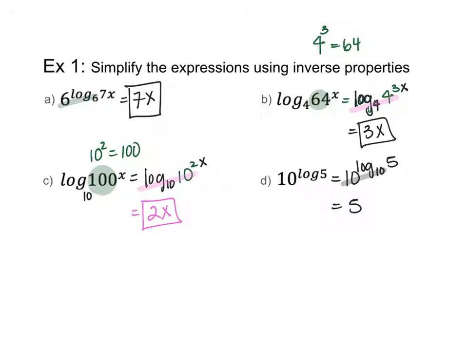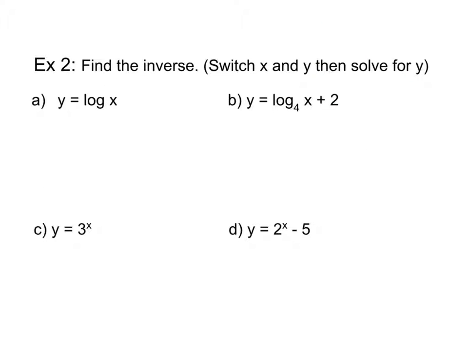Okay, so let's take a look at our next example here. Okay, now we're going to be finding inverses. So to find the inverse of an equation, remember, we switch the x and y. That's like the very first step we do. So we're going to switch x and y, because that's what it means to take an inverse. So here I go. I just switched x and y.